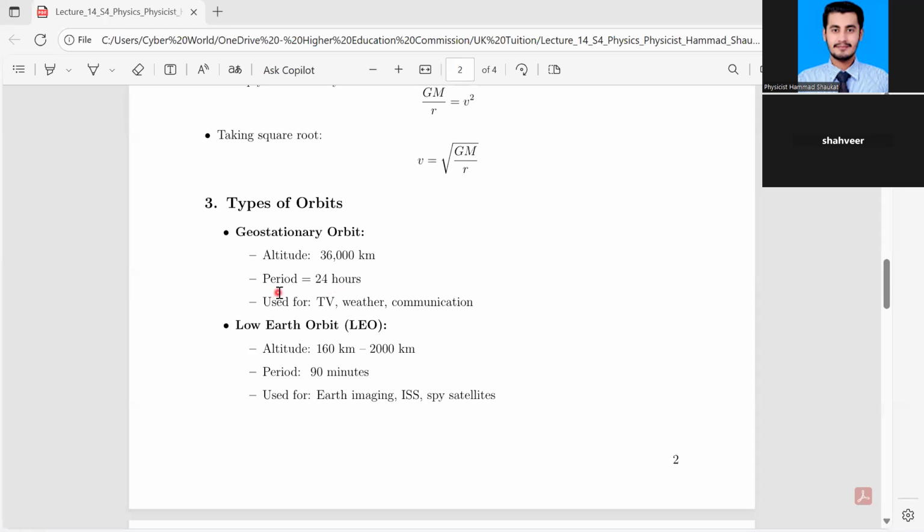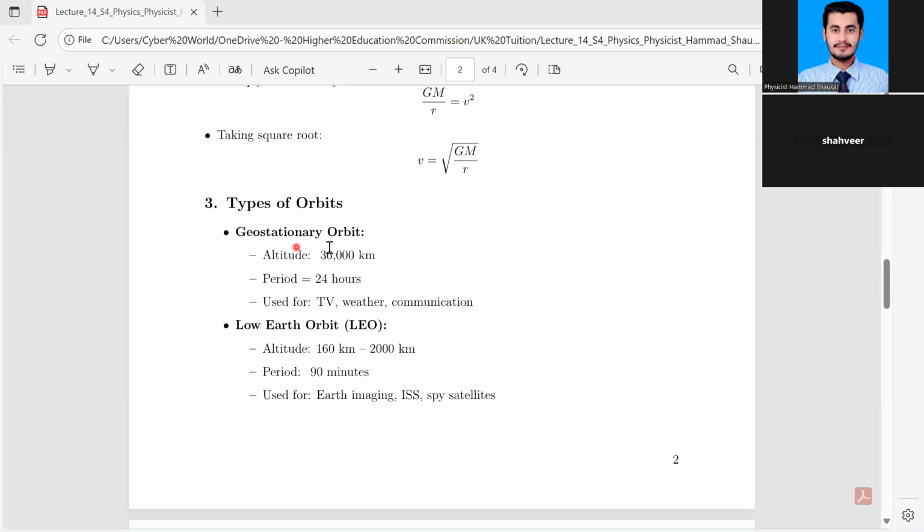What does this period mean? This period means time: how much time your satellite takes to complete one revolution, one circle. So the time is 24 hours. It means it takes 24 hours for the satellite to complete one cycle.